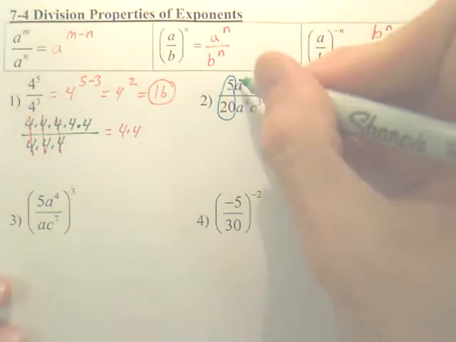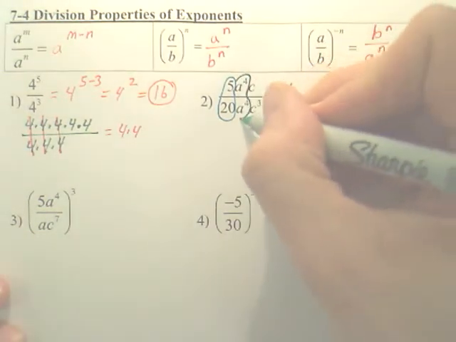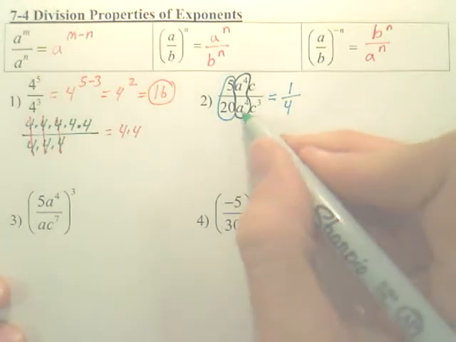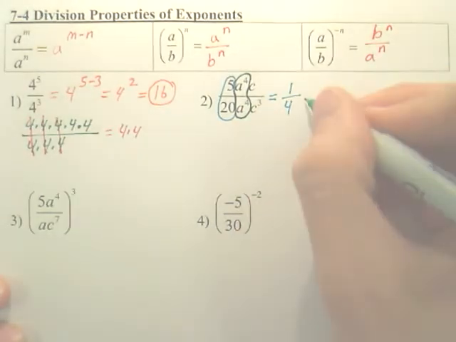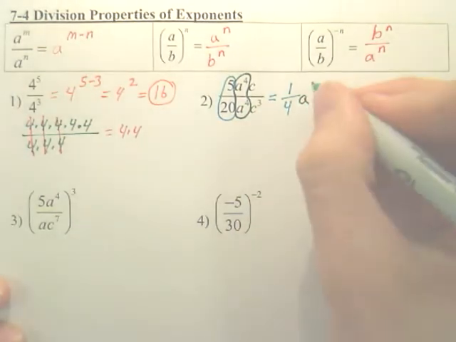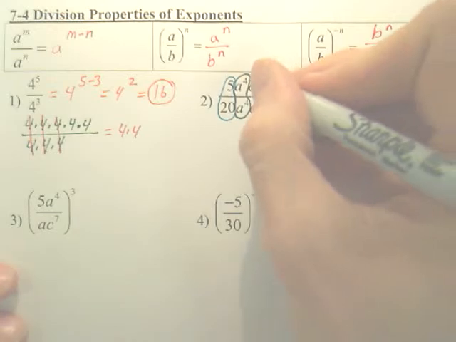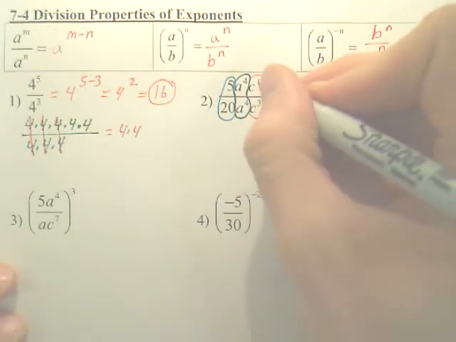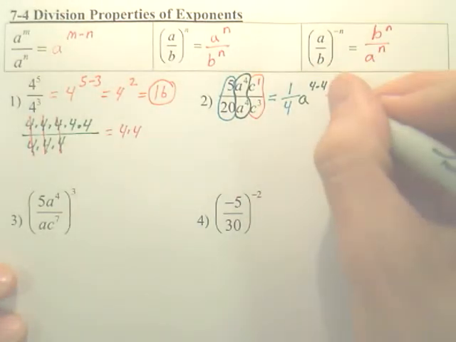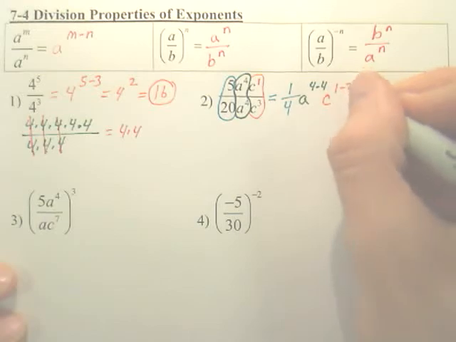Okay, next. Focus in on this. Same base, because they're both a's. So this is going to be a to the 4 minus 4, which ends up being something you'll see in a second. And then here, we're going to focus on the c's. That's the first power. So I'm going to have c to the 1 minus 3.